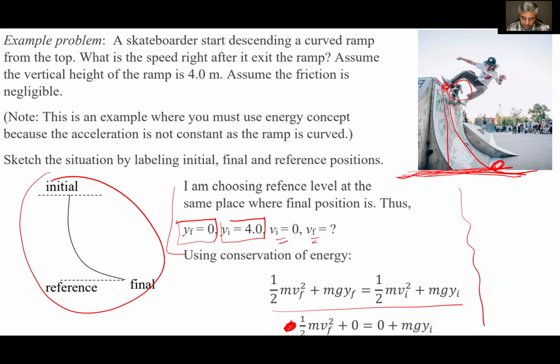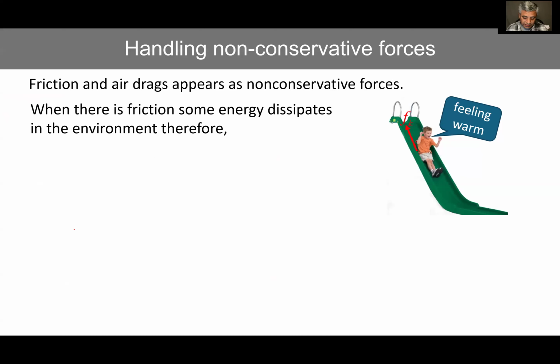Okay, so now let's learn how to include friction and solve problems using the energy idea. So for example, let's say this kid is sliding and there is friction. And sliding, so friction is the kinetic friction force. We know it acts in the opposite direction of motion, right?